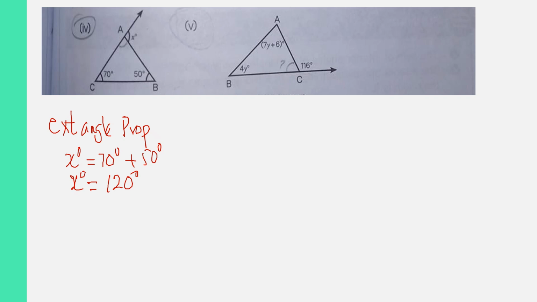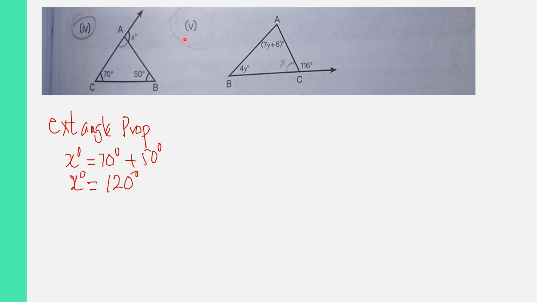And another way can be, you can add these two angles, subtract it from 180, you will get this angle, again subtract it from 180 and you will get x degrees, and in both cases you will get the same answer, which is 120.